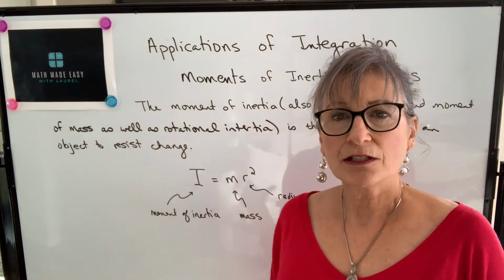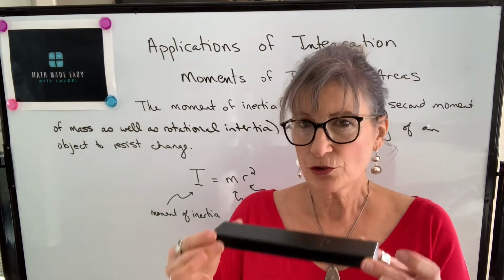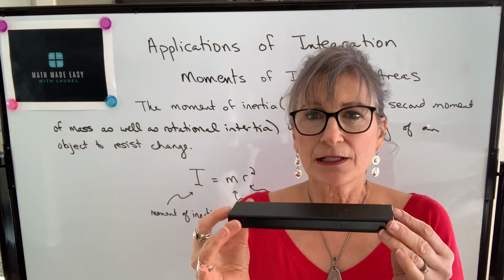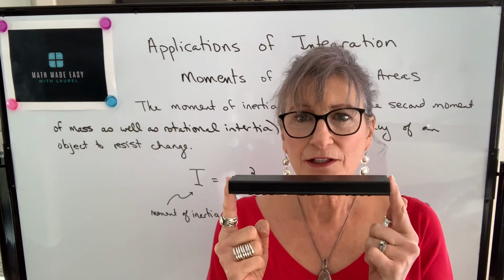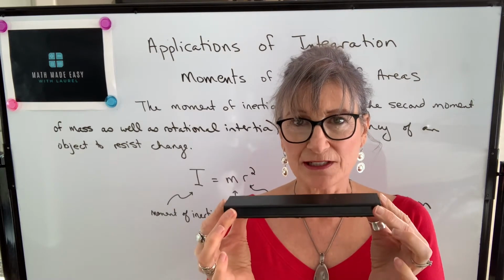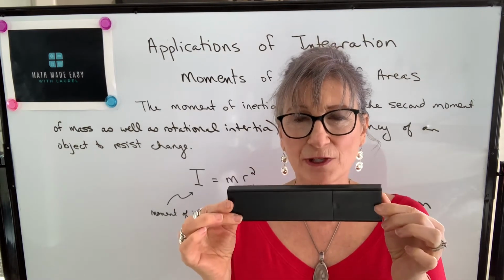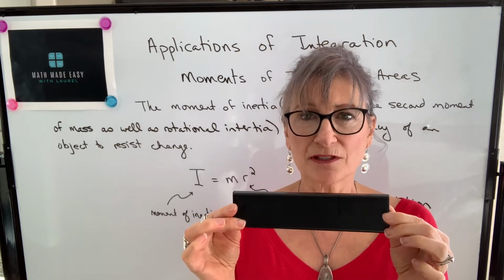So before we get into the formulas, I just want to give you an example I think you can relate to. If we took a regular object, like a rectangular plank, and calculated the moment of inertia when the rectangular object is placed this way, or placed this way, we would find that they each had very different moments of inertia.